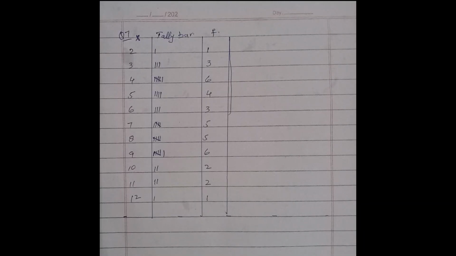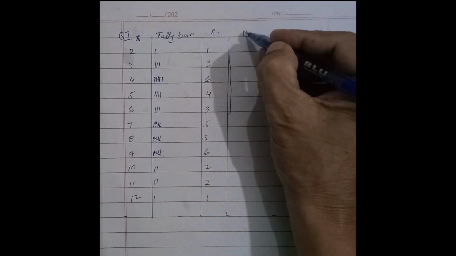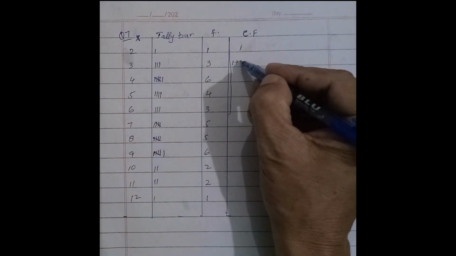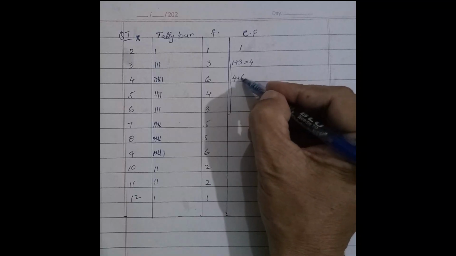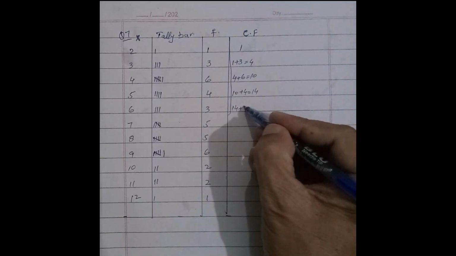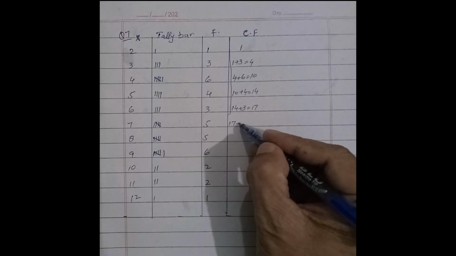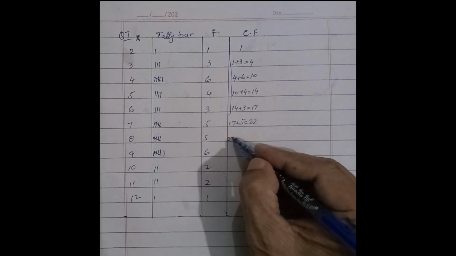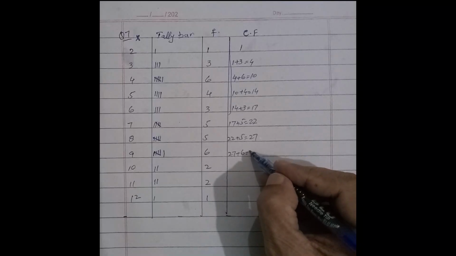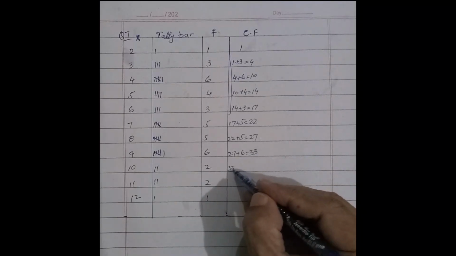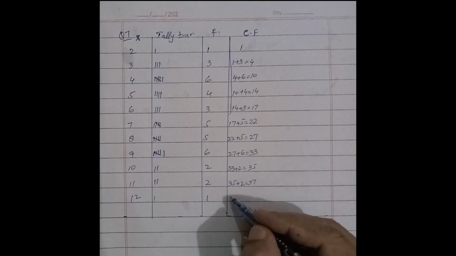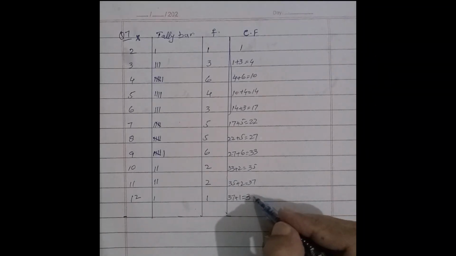And next we find the CF, cumulative frequency, which is 1, then 1 plus 3 is equal to 4, 4 plus 6 is 10, 10 plus 4 is 14, 14 plus 3 is 17, 17 plus 5 is 22, 22 plus 5 is 27, 27 plus 6 is 33, 33 plus 2 is 35, 35 plus 2 is 37, 37 plus 1 is 38.